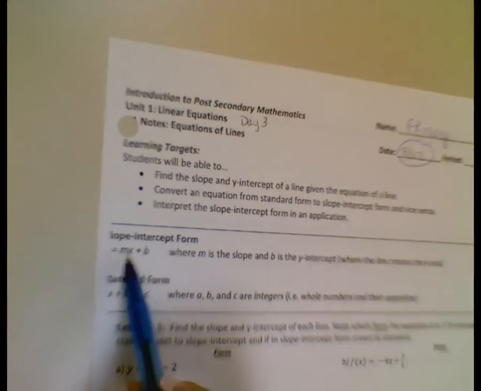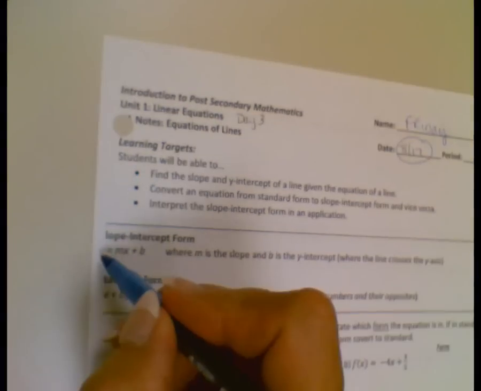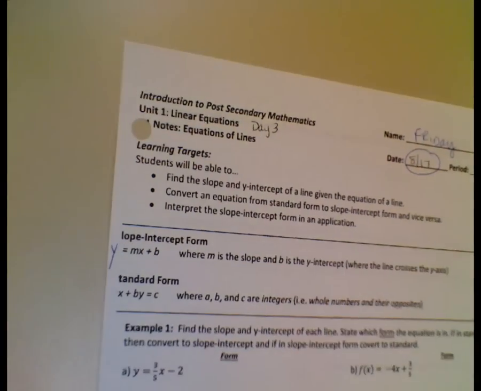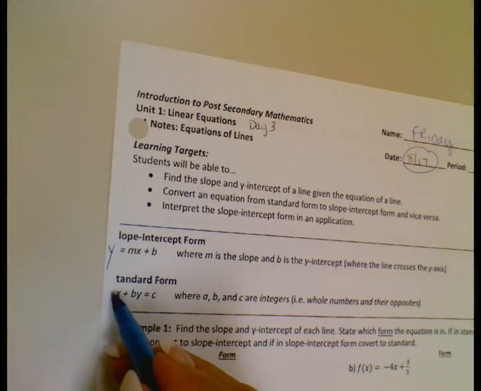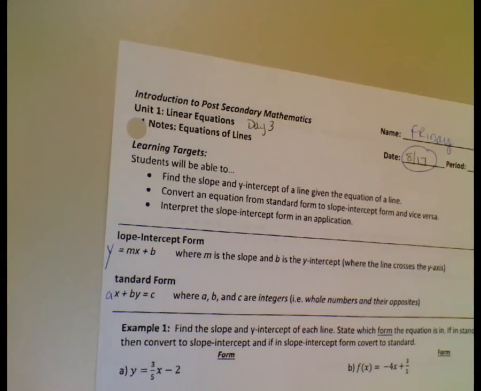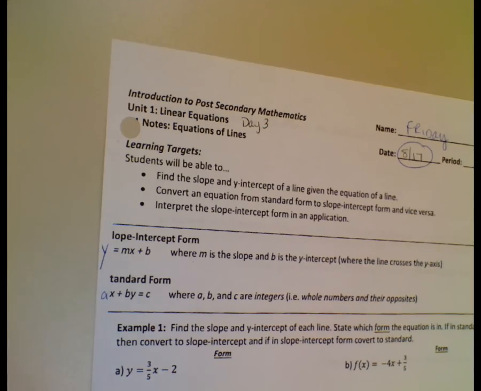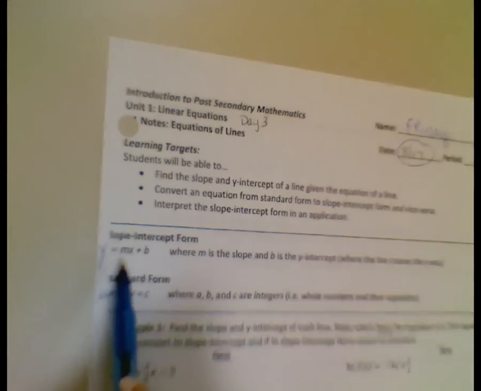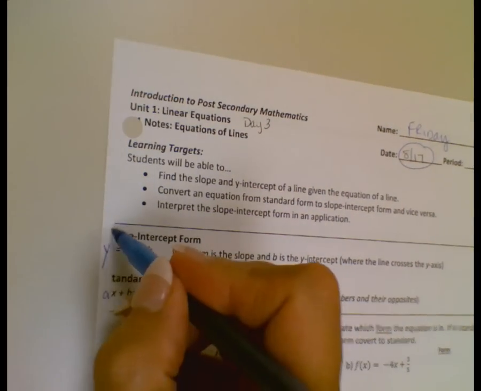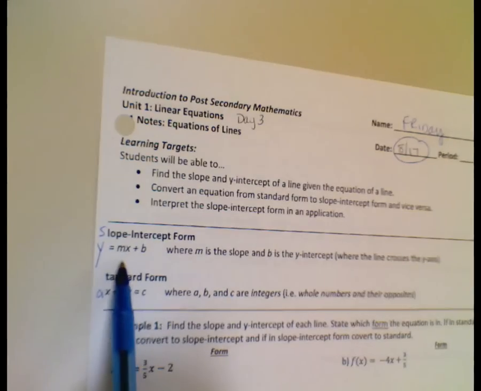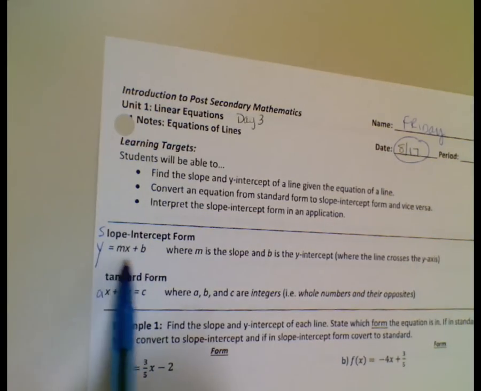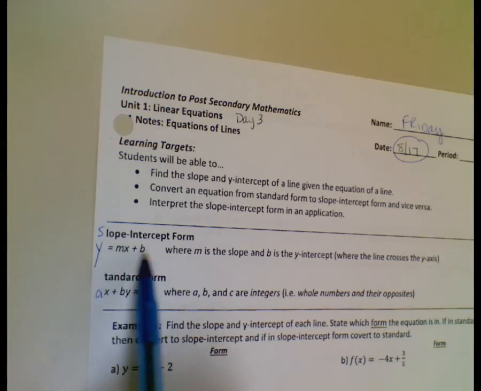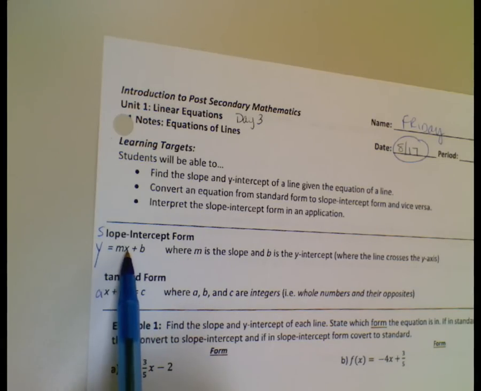This got kind of run off a little bit. I apologize. This is supposed to say y equals, and this one's supposed to say ax plus by equals c. So fill those in. This is slope-intercept form. Basically, slope-intercept form is the form you want to get if you're trying to graph by hand or use your graphing calculator. In this form, whatever the coefficient of x is the slope.